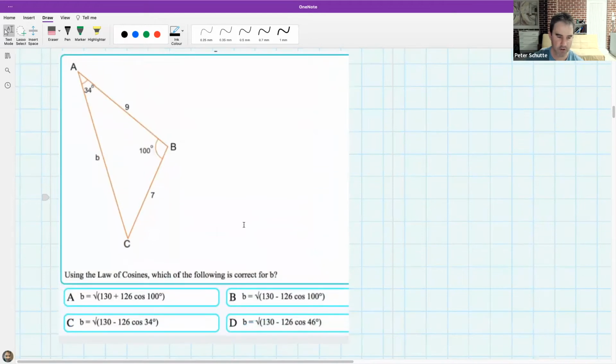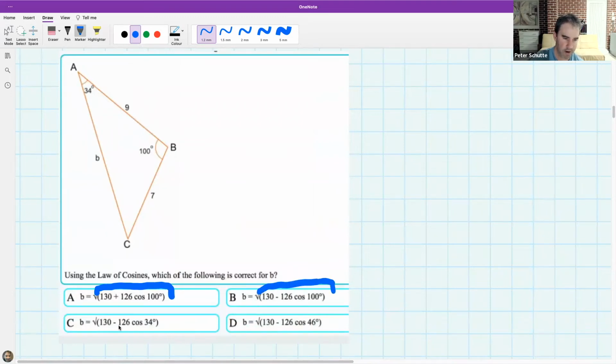So the only thing you need to bear in mind is that the square root here extends over the whole bracket. Now, in this scenario, you are given a triangle, but it's turned to the side, and you need to use the law of cosines to find the correct option for b, little b.